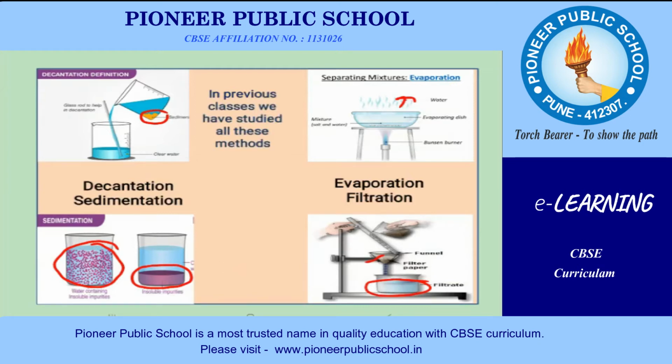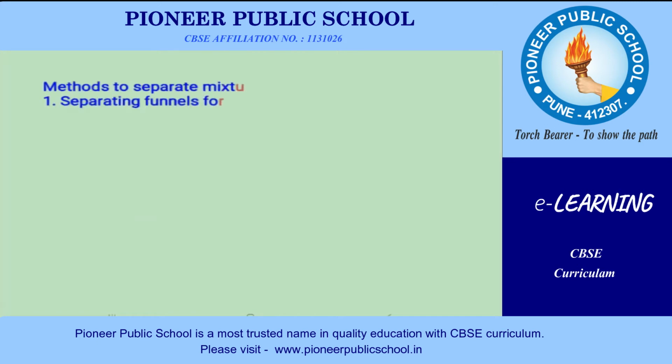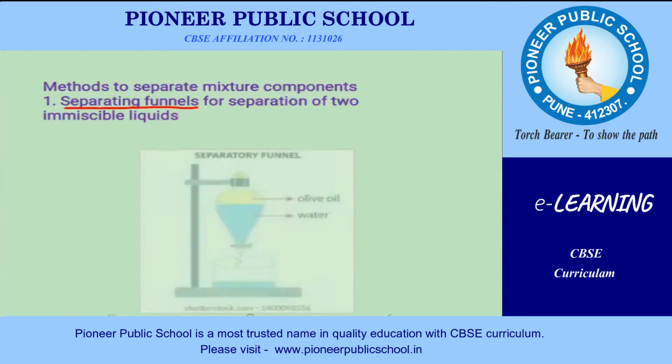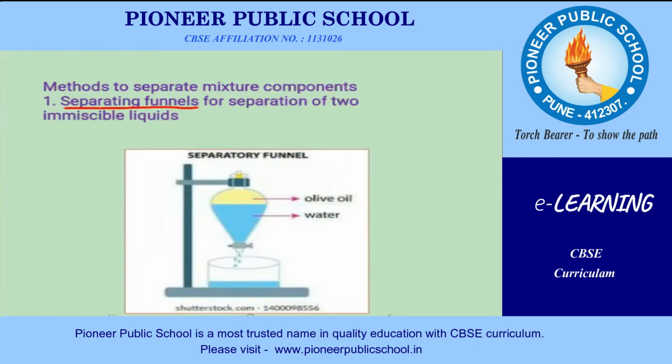Now students, we are going to study a few more methods with the help of which we can separate the components of a mixture. The first method is by using separating funnels. Here we have a presentation with the help of which we will understand this technique.